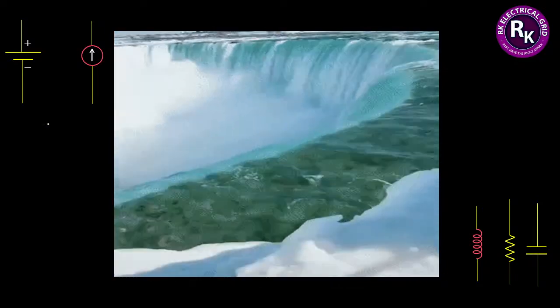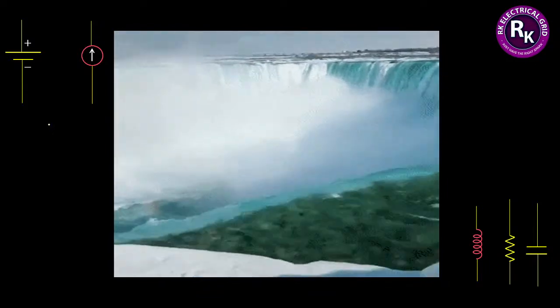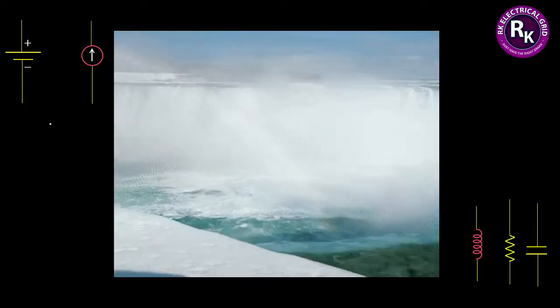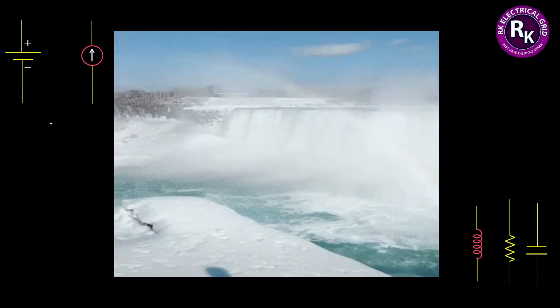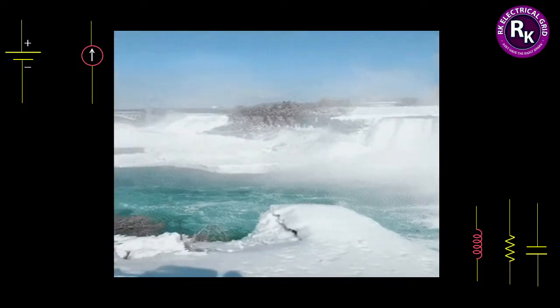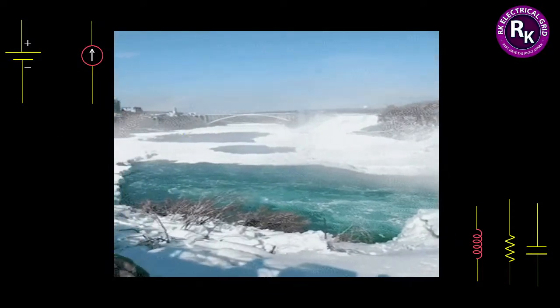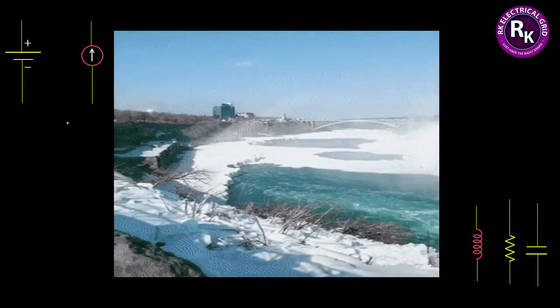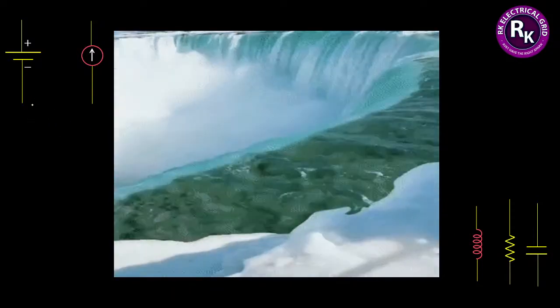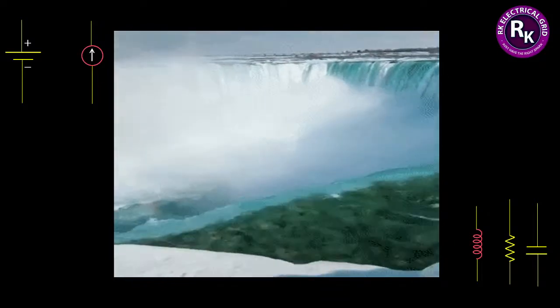Why some sources are called voltage sources, why some are called current sources. I did that classification with the help of water, that is rain. I hope you all remember. That was the first introduction lecture. Again, I'm taking the same structure here.